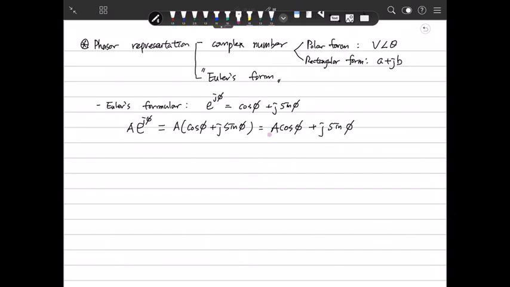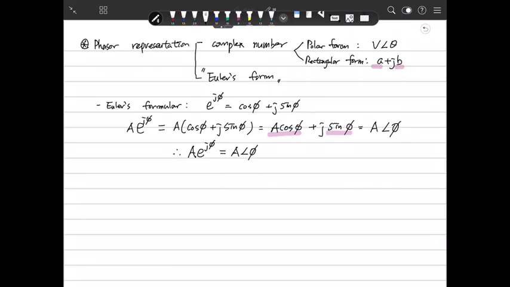This is a very familiar form. These are the expressions of the magnitude and the phase. Therefore, a exponential j theta is the same as a at angle theta in the polar form.